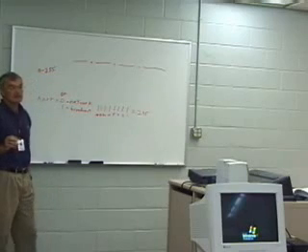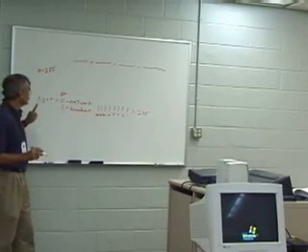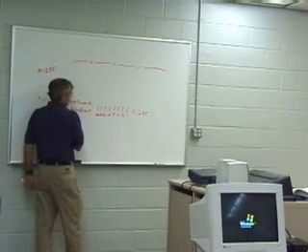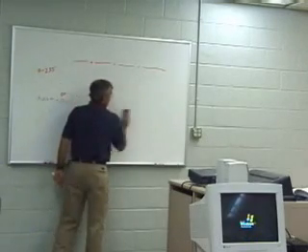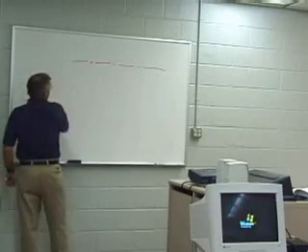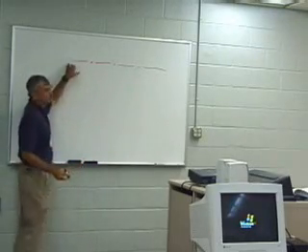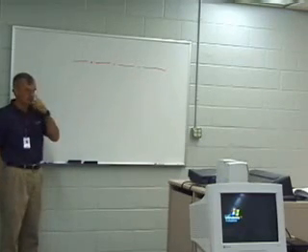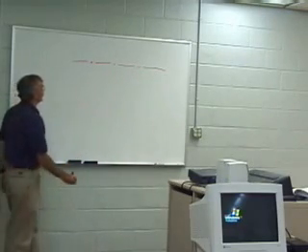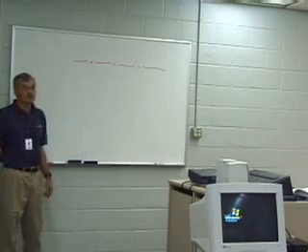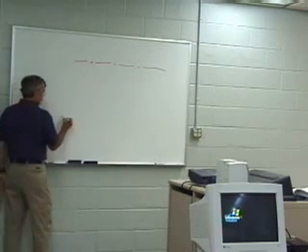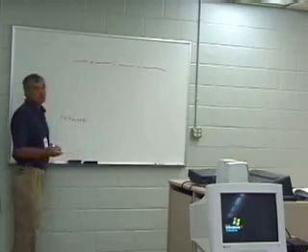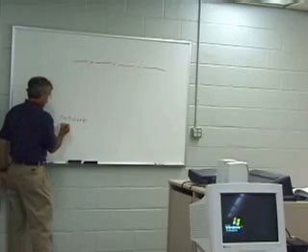Okay? Now, if we're looking at this address, it has 2 parts to it. That's what I just led you into. The first portion of it is the network address. The second portion of it is the host address.